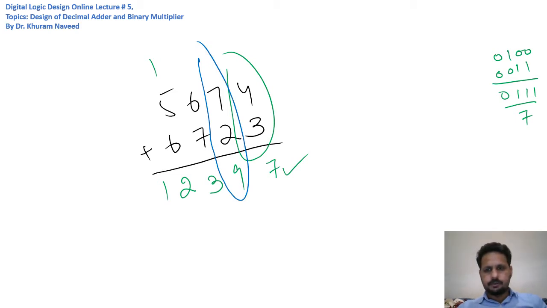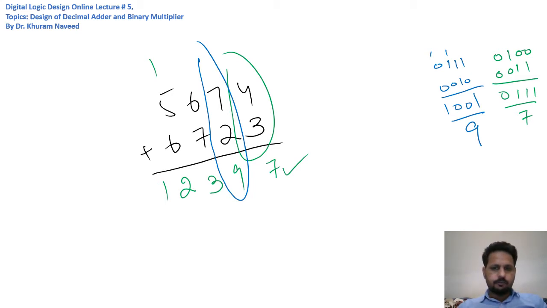And BCD of 7 is 0111, and BCD of 2 is 0010, and when we add them we get 1001. So this is the resulting answer, and this is basically BCD of 9. So this is also correct, it works.